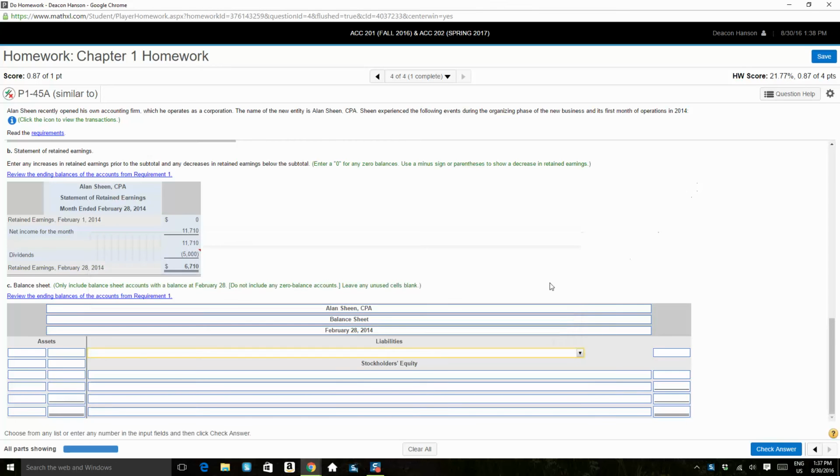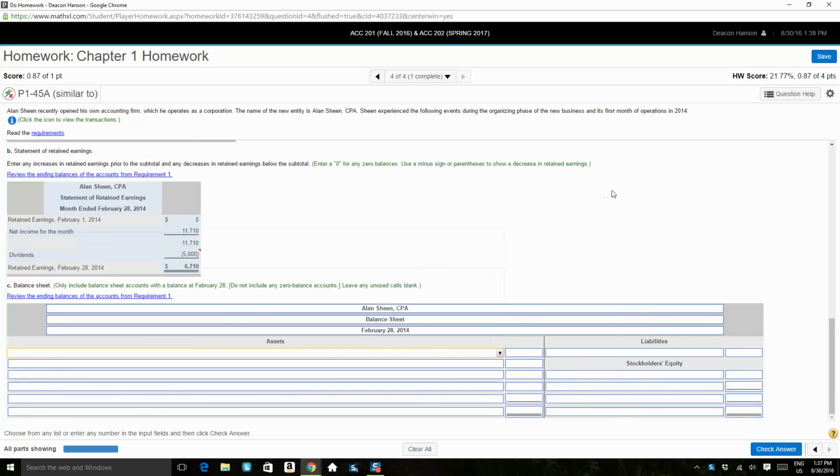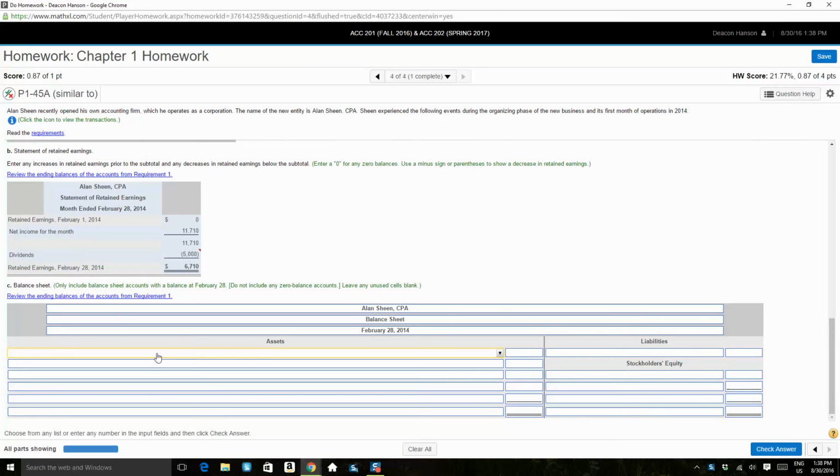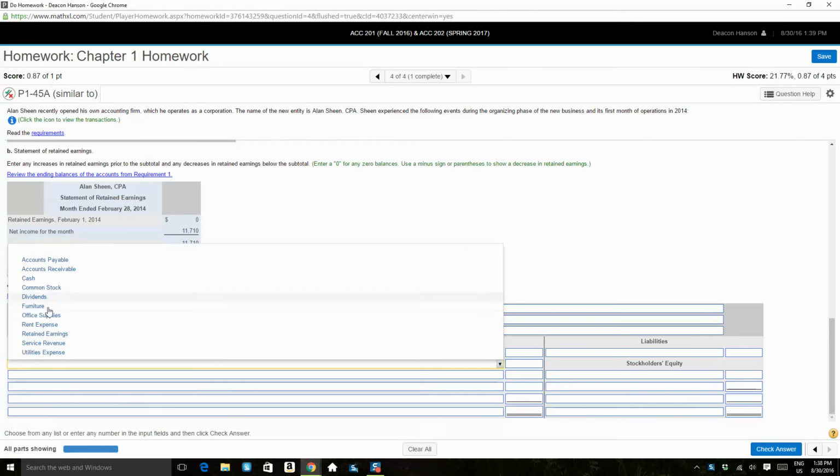Okay. So we're going to list our assets. And you can see all of your assets here, on the left side of the equation. We got cash. Accounts receivable is 0. We have office supplies, furniture. So we really have 3. I'm going to put cash in, office supplies, and furniture. Now what do they add up to?